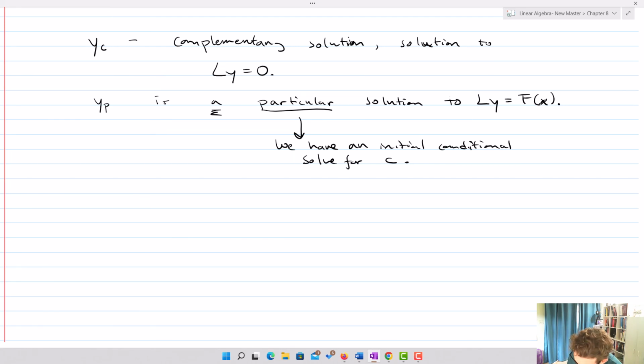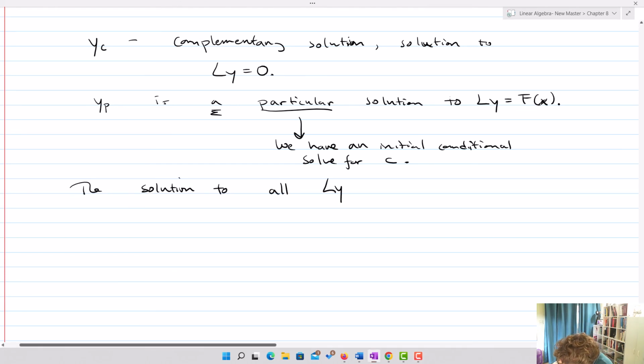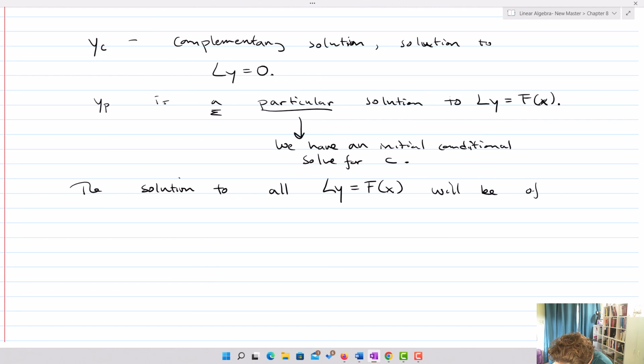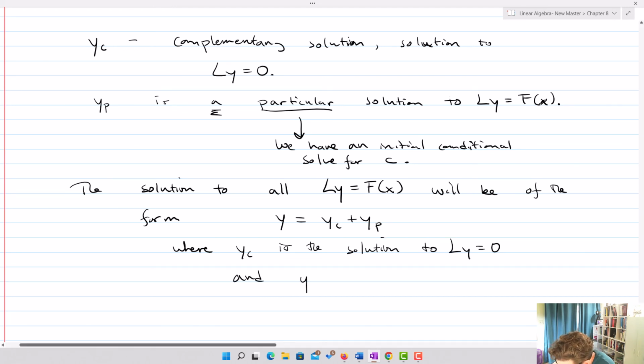So we can state that the solution to all Ly equals f, so all non-homogeneous differential equations, will be of the form y equals YC plus YP, where YC is the solution to Ly equals 0, and YP is just one particular solution to Ly equals f of x.